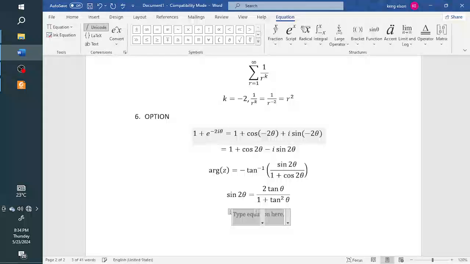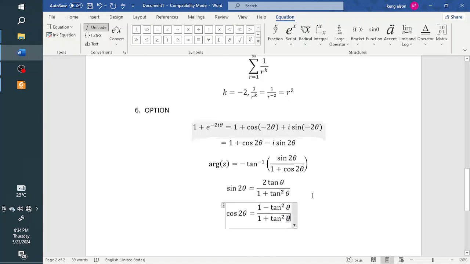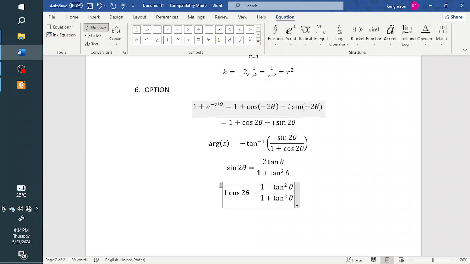What about cos 2 theta from the half angle identity? Cos 2 theta is 1 minus tan squared theta over 1 plus tan squared theta. If I want to look for 1 plus cos 2 theta, I just have to add 1 in front of this.